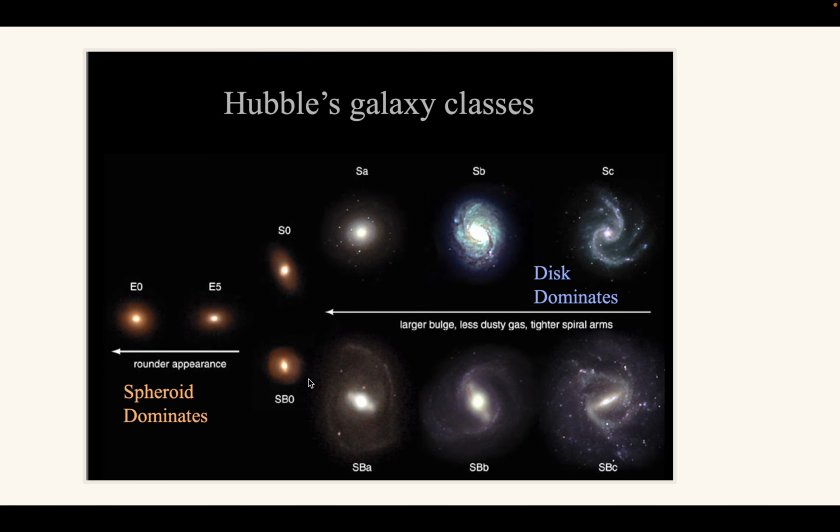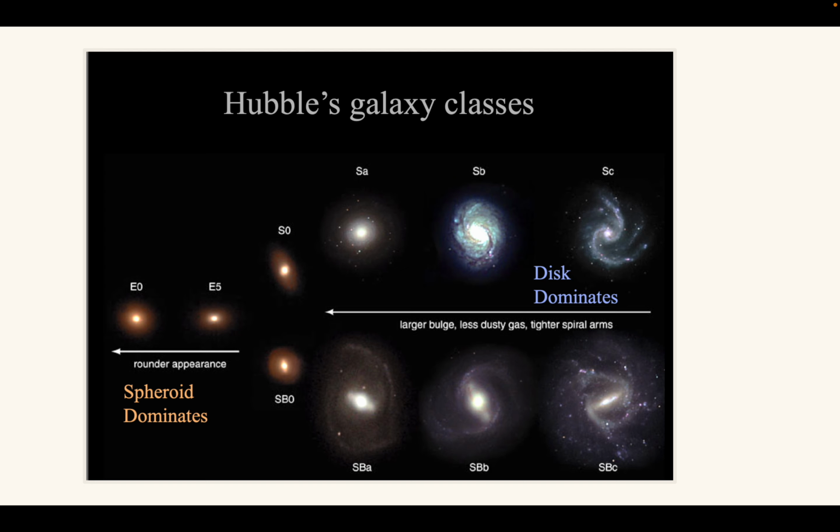And SB0 is the spiral bulge dominated galaxy. How big is the bulge, how big is the dusty lens, gas lens, or how tightly the spiral arms are wound, according to that, the subtypes are decided between spiral and elliptical.